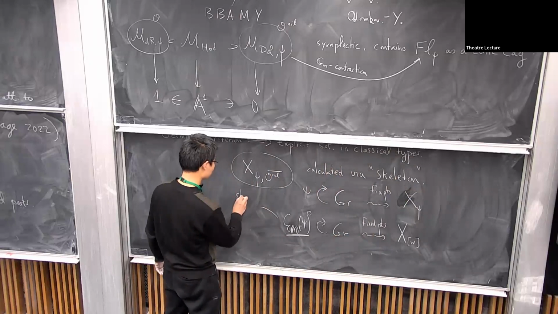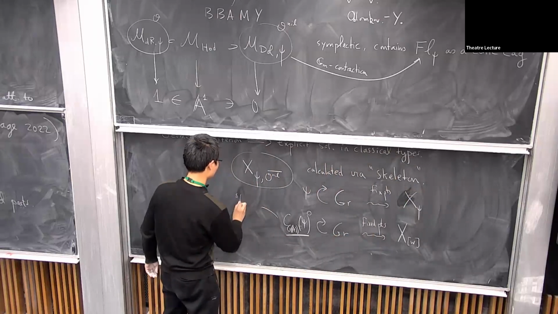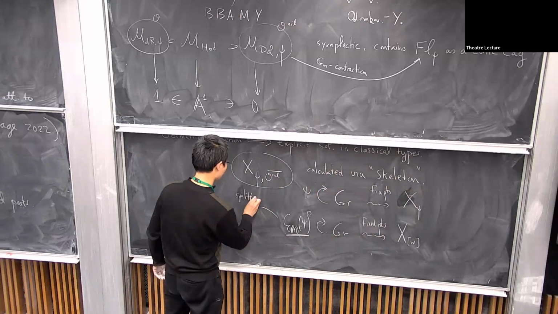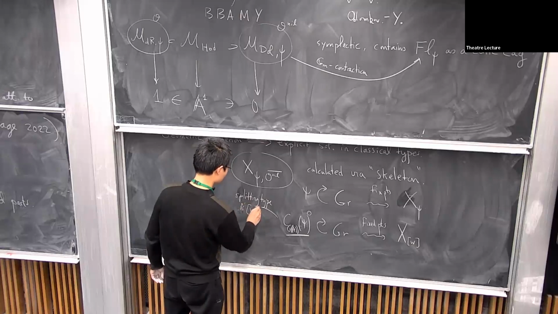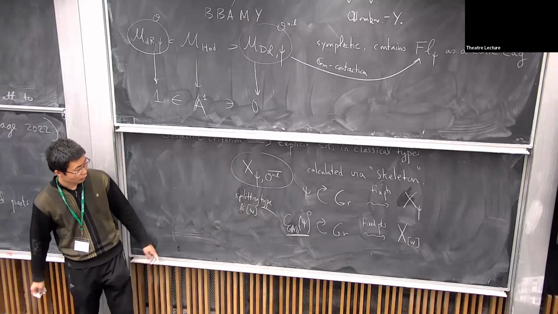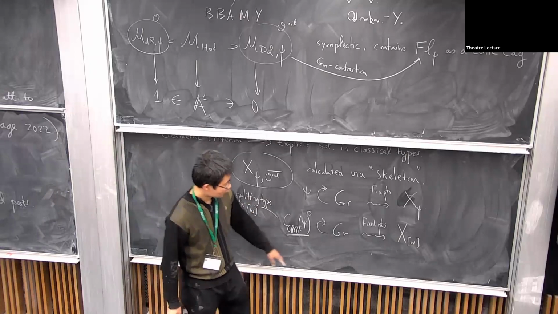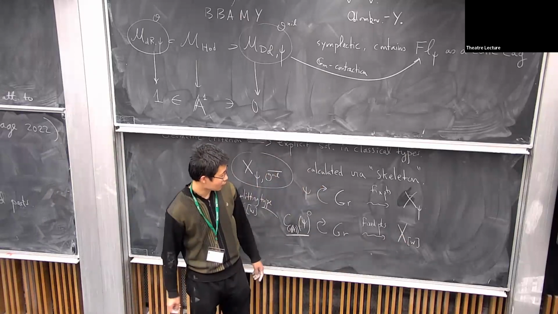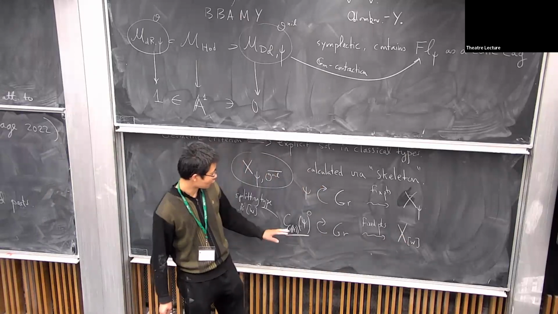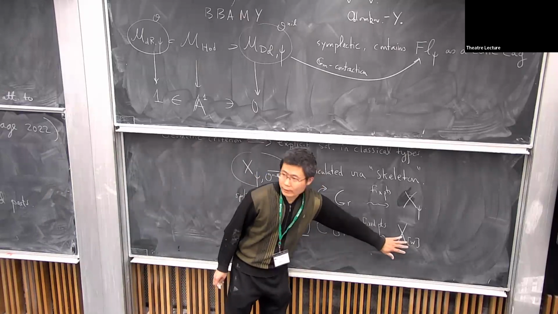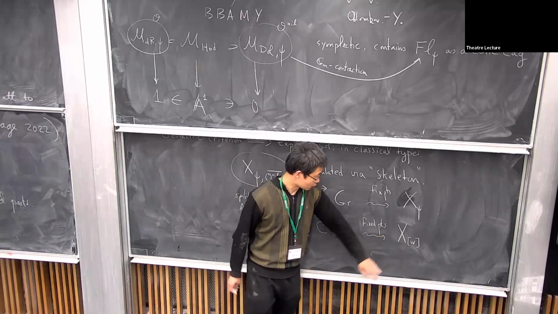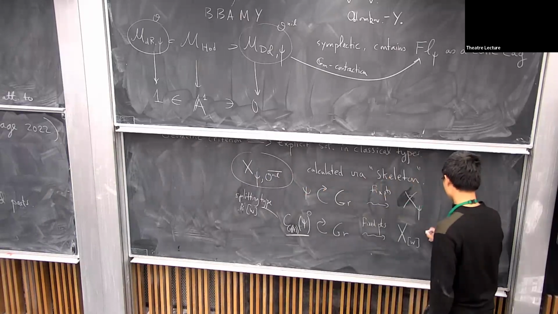The splitting type of this torus is classified by a conjugacy class in the Weyl group. So the isomorphism class of this subvariety of the Grassmannian only depends on the splitting type. So this is some finite dimensional subvariety inside the affine Grassmannian.